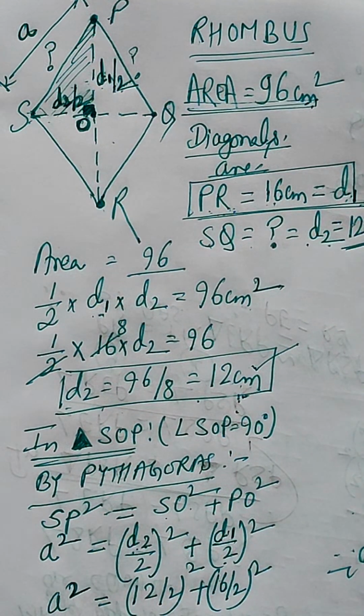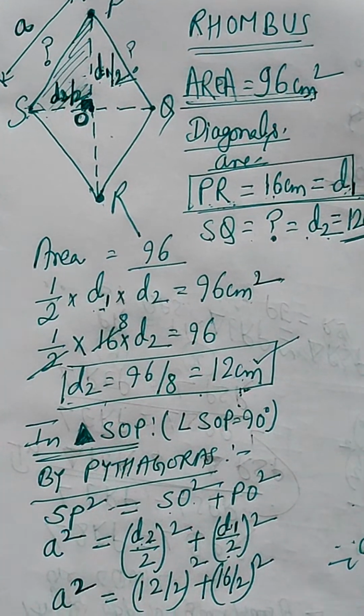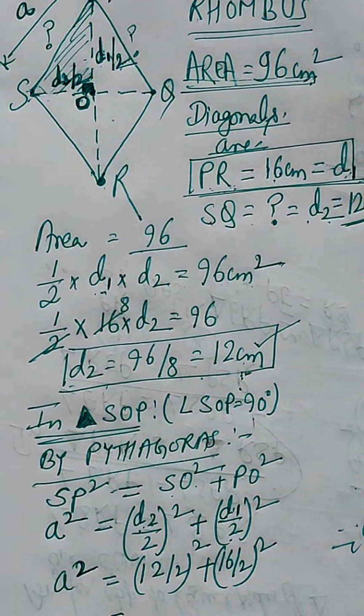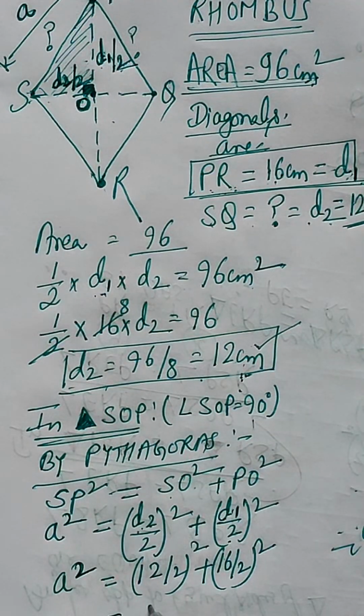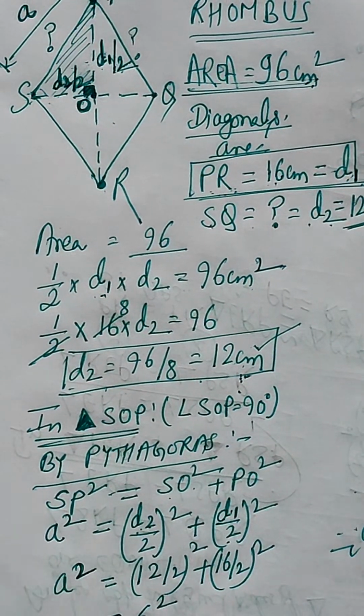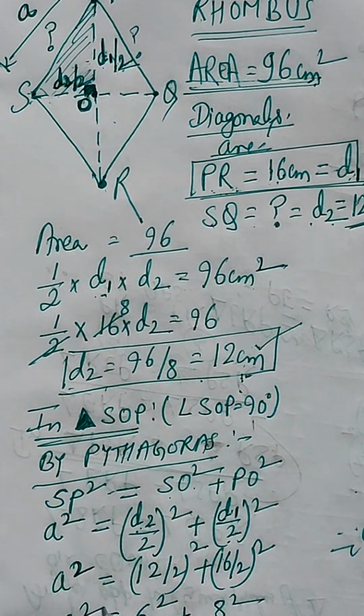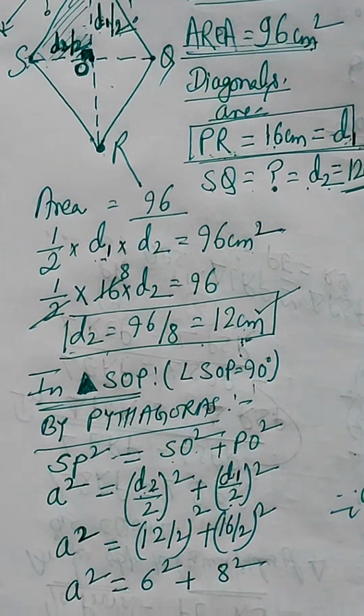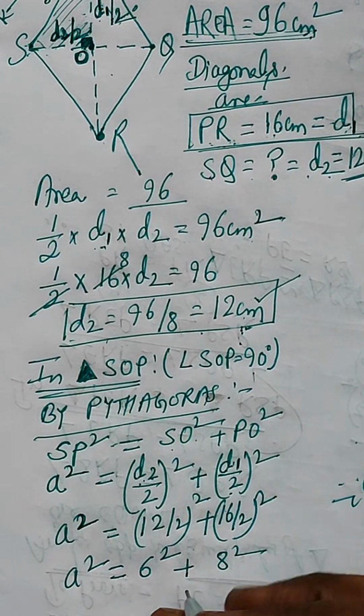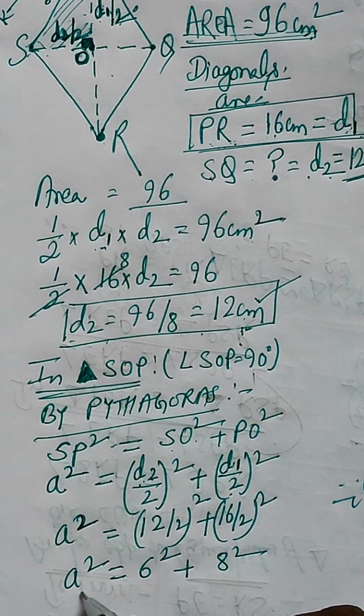Now 12 by 2 is 6, so 6 square plus 8 square is equal to A square.